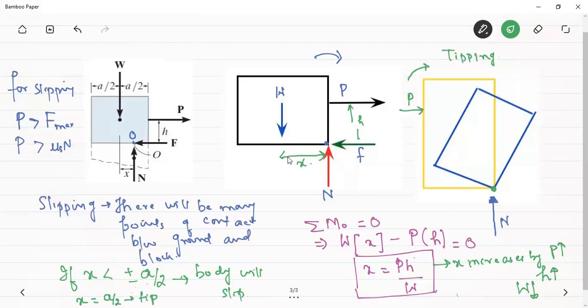The maximum value of x can be a by 2. If the normal reaction is at the extreme end, it means all the other points have lost contact with the ground, and this is the case of tipping. So this equation helps us to determine whether the body is tipping or slipping.